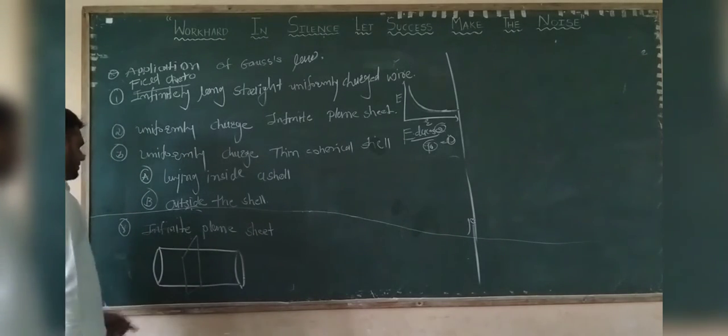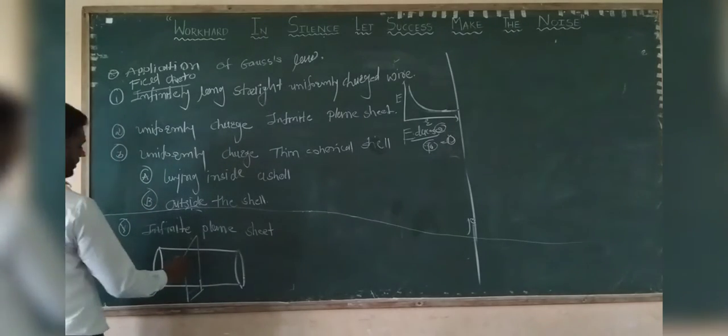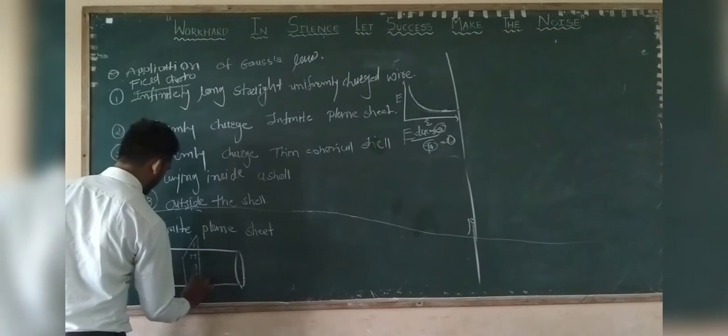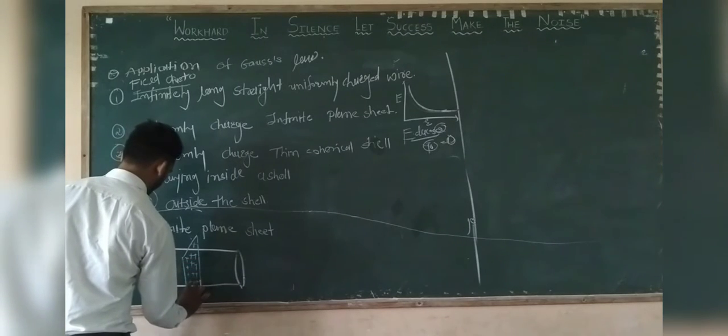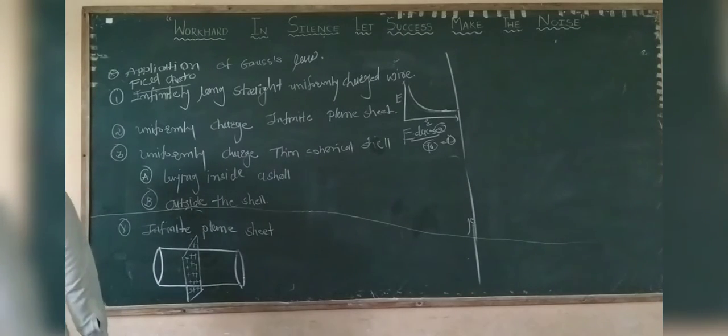This one is our sheet. The sheet has a plus charge, and that charge is Q.